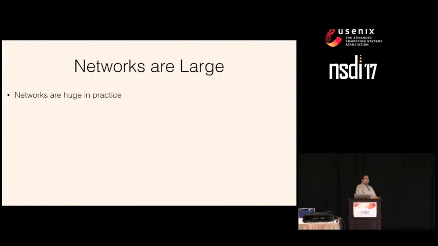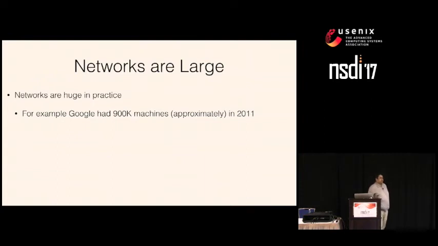For many of these stateful things, for example the cache example that I showed you, you might need to consider a large part of the network, or it might not appear obvious how you can consider a smaller part of the network. And in that case, you have to deal with networks where, for example, like Google, you have 900,000 machines connected into one internal network. And even if you're an ISP, maybe you have smaller numbers of machines, but you still have these large installations at your edge.